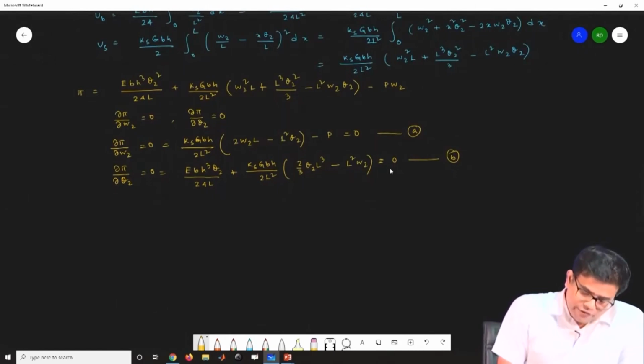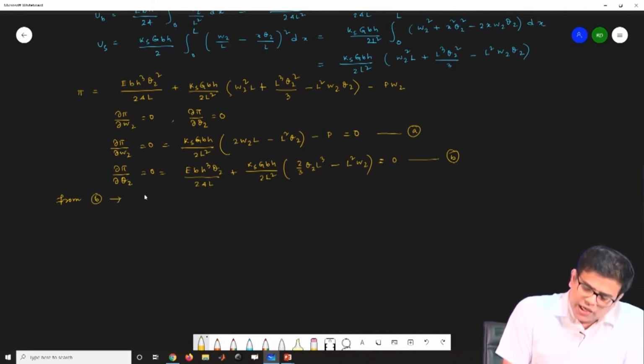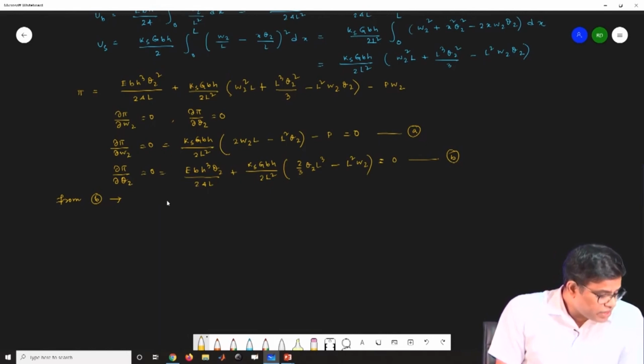So from equation B, if I do some manipulation, then what I will get is something like this. I have done this manipulation, and if you see, it is something like this.